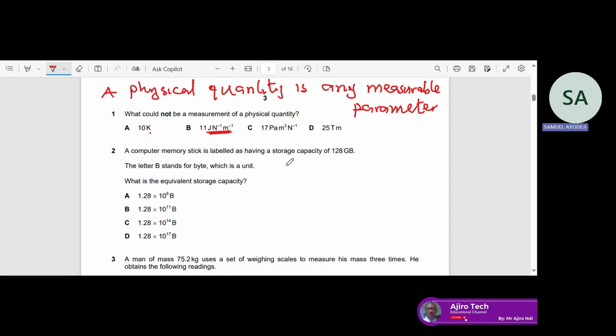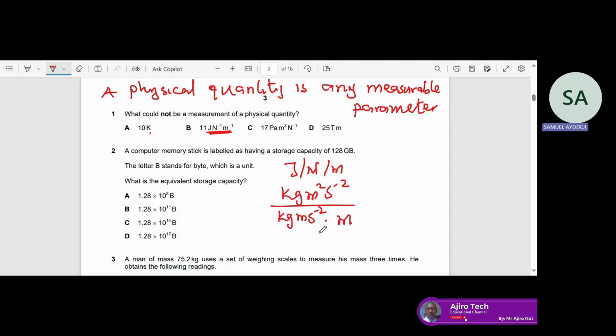You have Joule per Newton, then per meter. Joule means kilogram meter squared per second squared. That's energy as Joule. Then divided by Newton, which is kilogram meter per second squared, that's force.